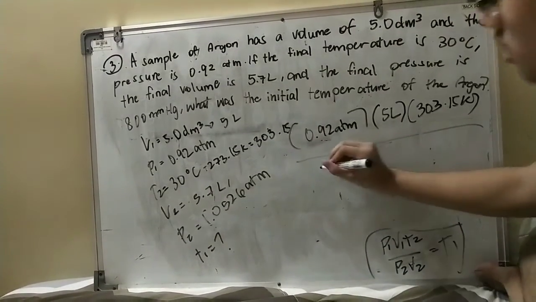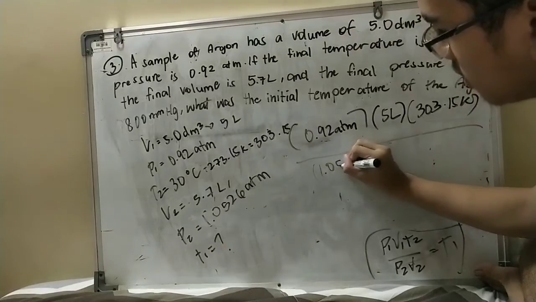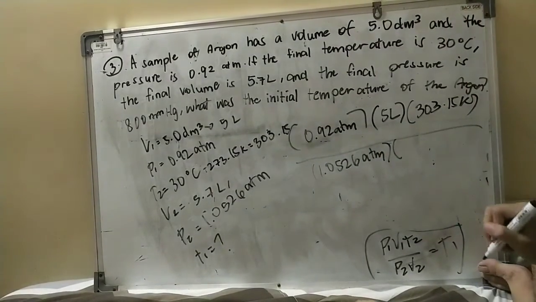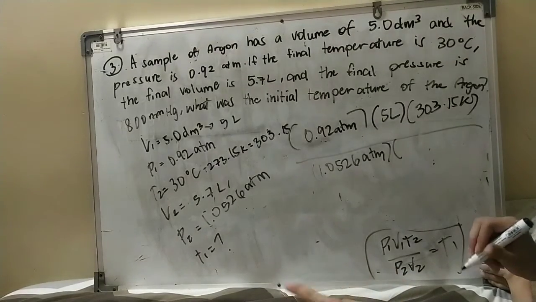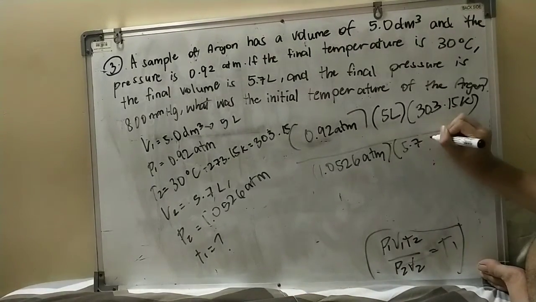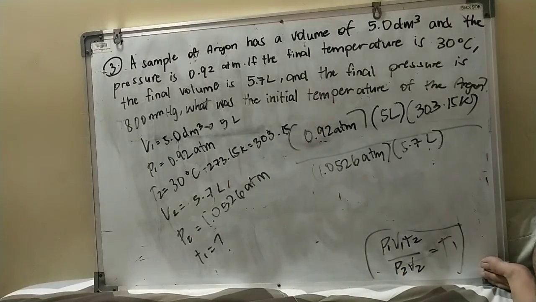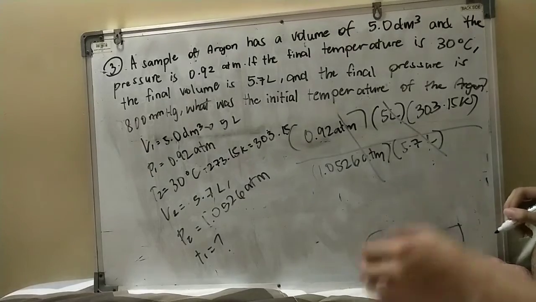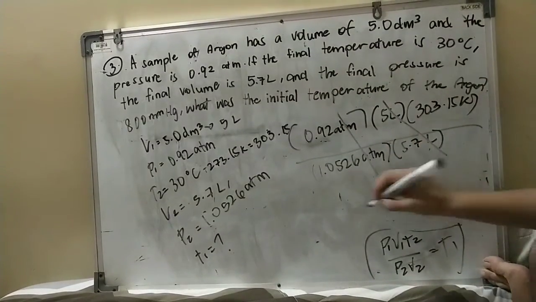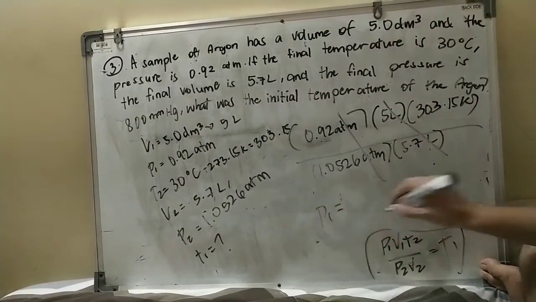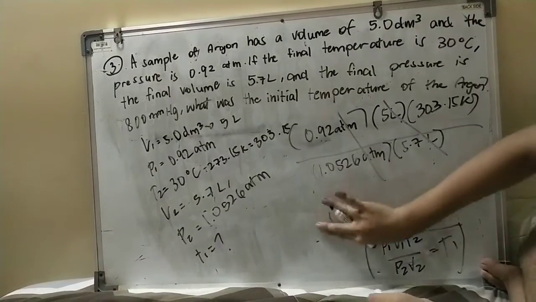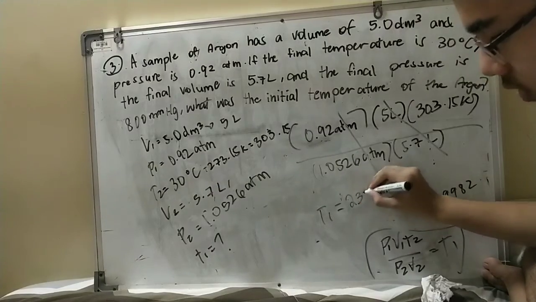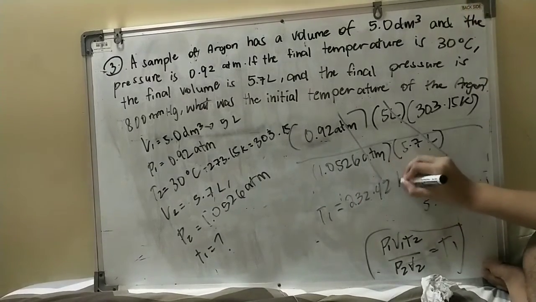Our P2 is 1.0526 atmosphere, and our V2 or volume 2 is 5.7 liters. Again, we need to cross out this so that our answer will have only the unit for temperature, which is Kelvin. So our final answer is 232.42 Kelvin.